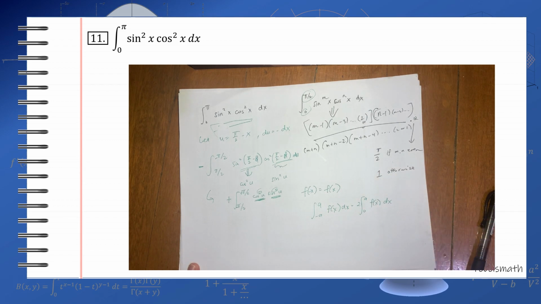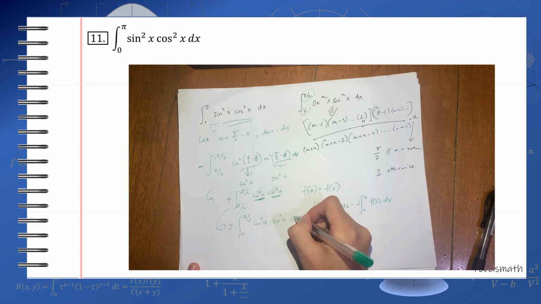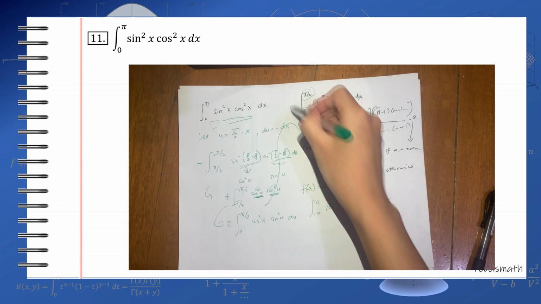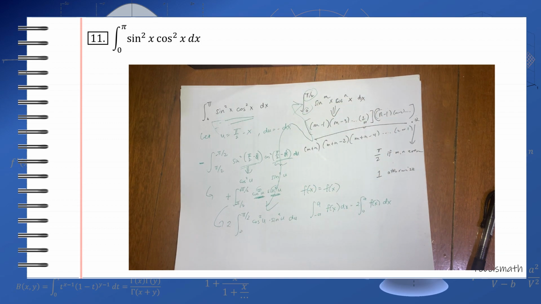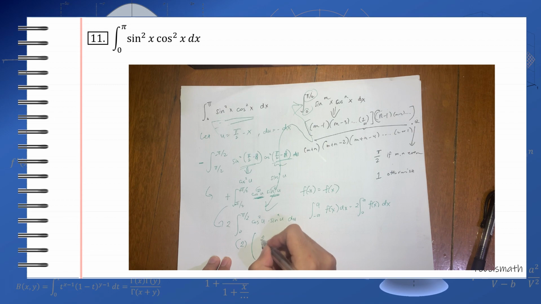It's just symmetry. So this becomes 2 times the integral from 0 to pi over 2 of cosine squared u times sine squared u du. And this looks familiar, it looks the same as the Wallis form. So the numerator is 2 minus 1, which is 1.